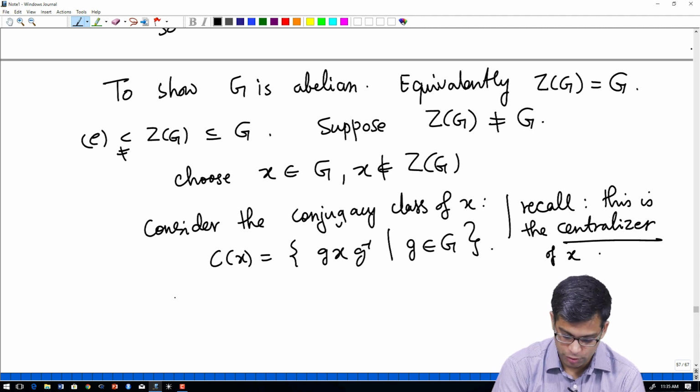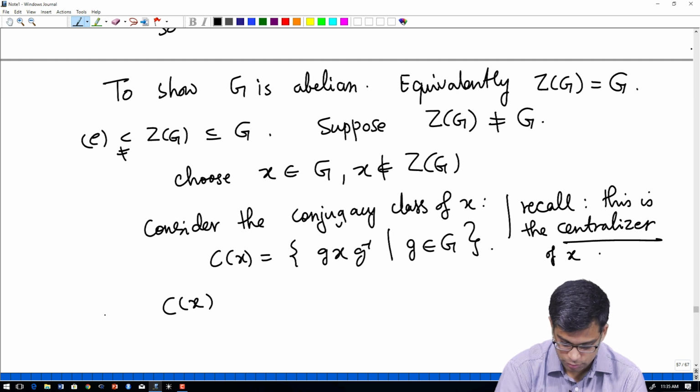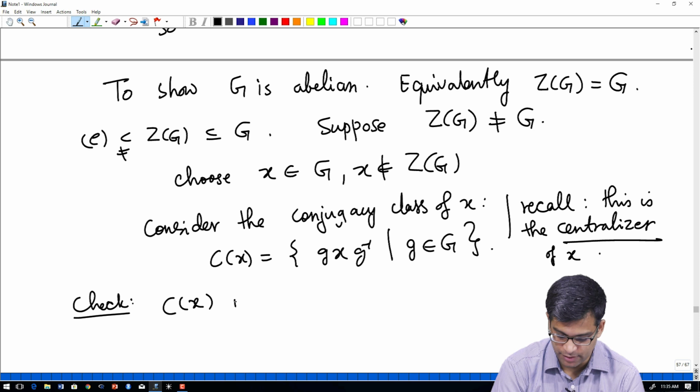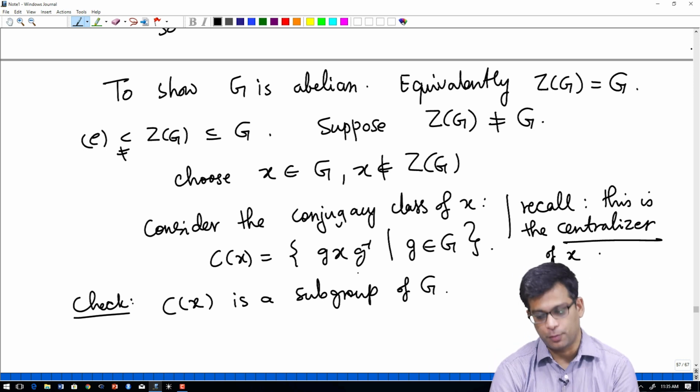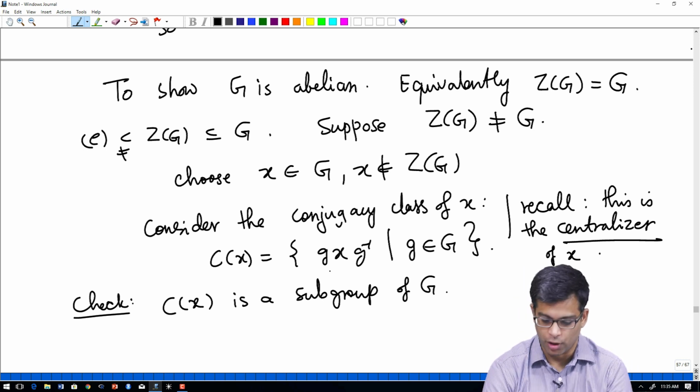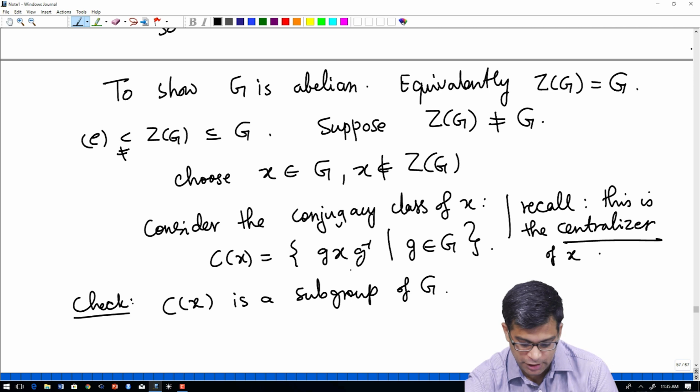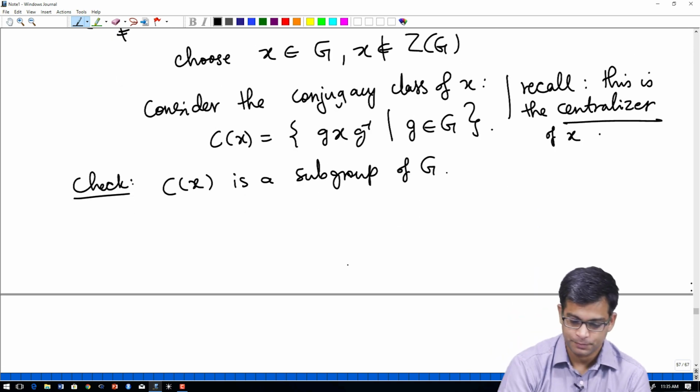It is a subgroup, and I will let you check that easily, because the identity certainly has this property, if two things have that property the product has this property, and if something has this property, the inverse also has this property.